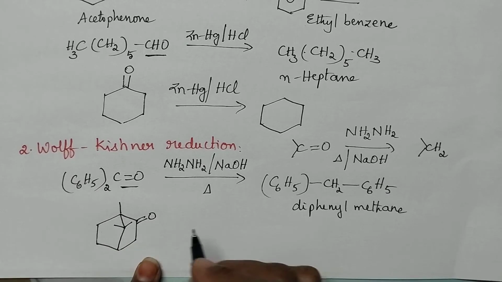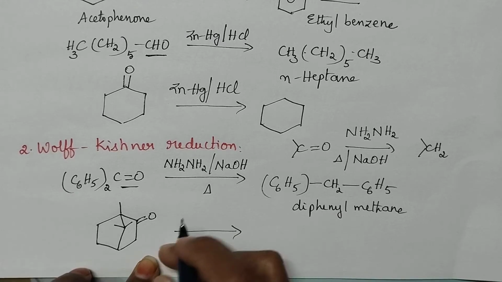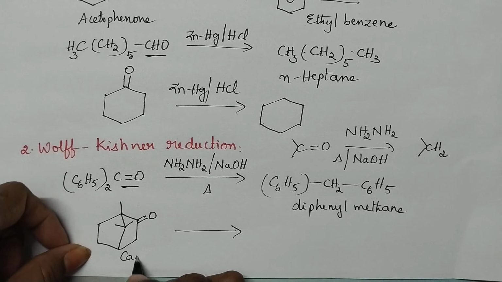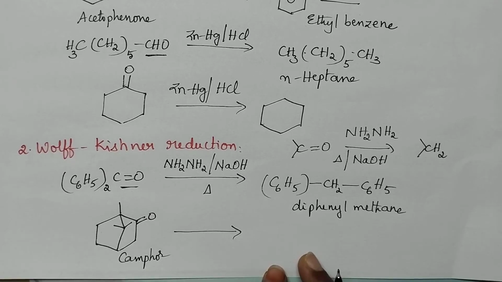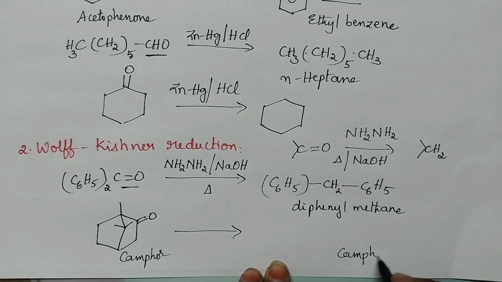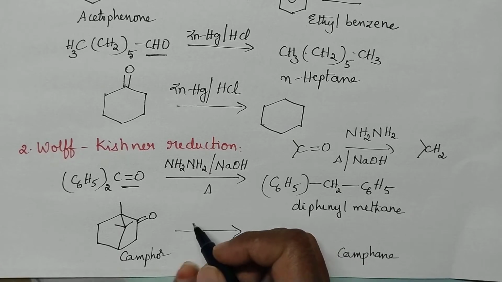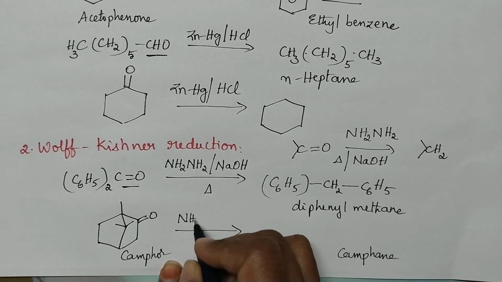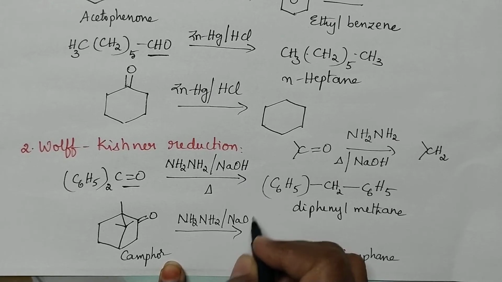Camphor will be reduced to camphane when it is treated with hydrazine in the presence of alkali.